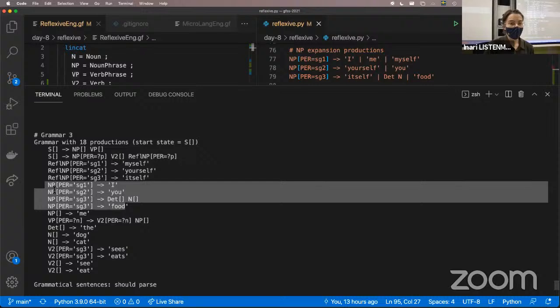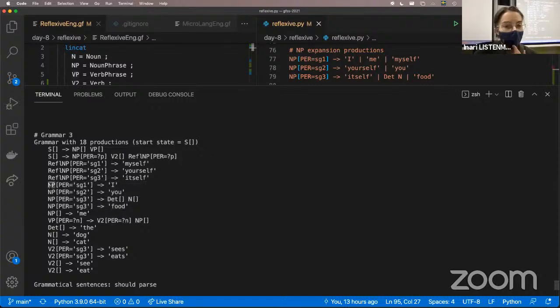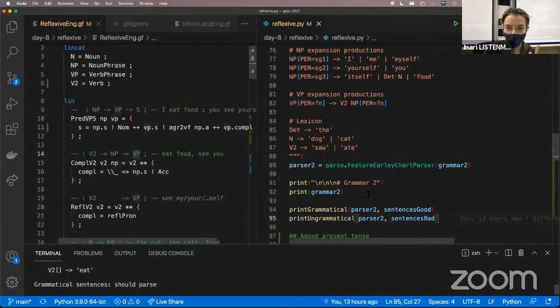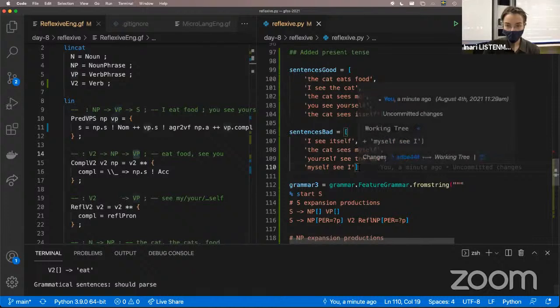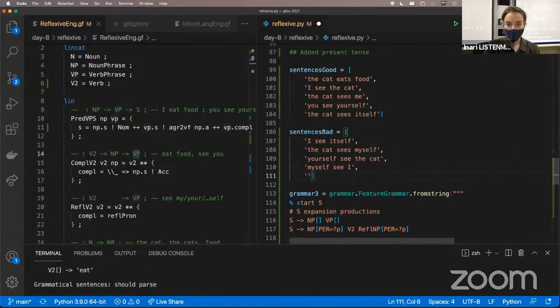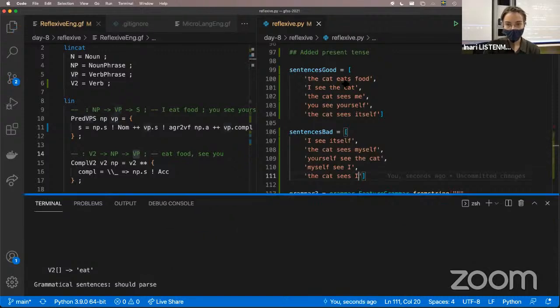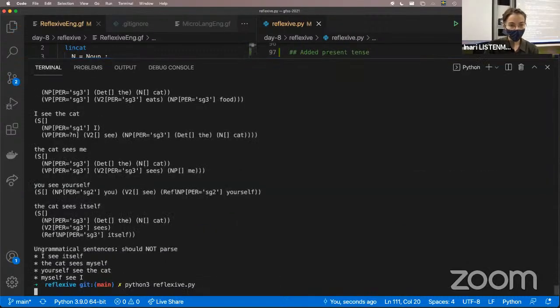So to be more exact, okay, now actually I think we might have some more issues here. We didn't handle case properly. So let's add another sentence, bad. The cat sees I. I think this doesn't handle it yet.